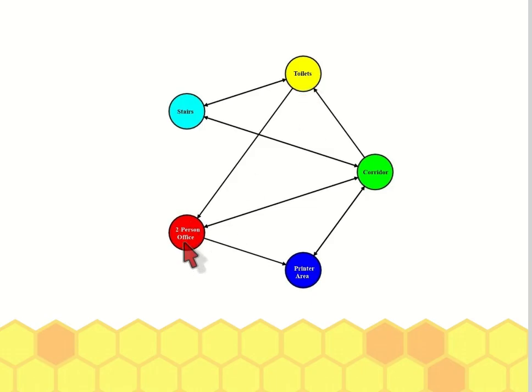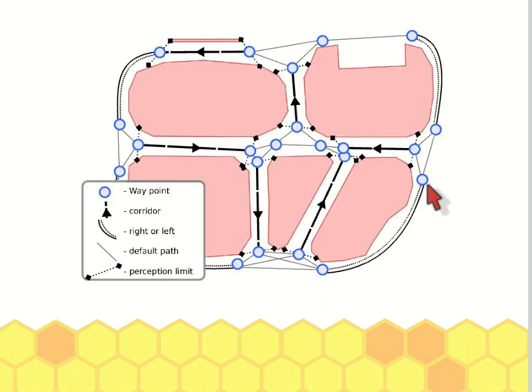Toilet is connected to the office. So this is how topological navigation works. It models the relationship between nodes. Another representation is similar to this one.